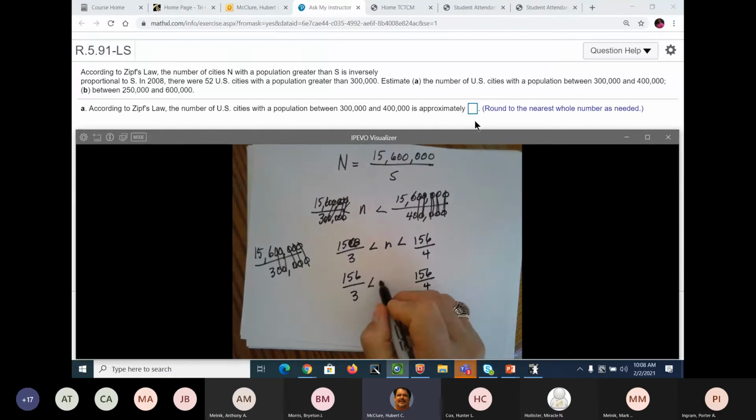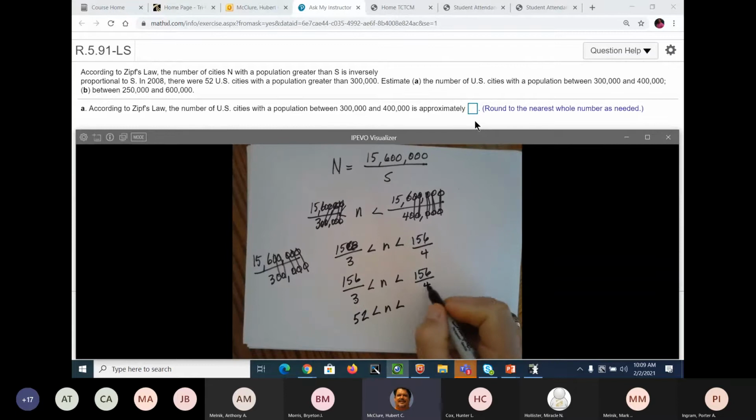Three will go into 15 5 times, and 3 will go into 6 2 times. 4 will go into 15 3 times. I think I got it backwards. 3 times 13 is 39. So it's between 39 and 52 states.